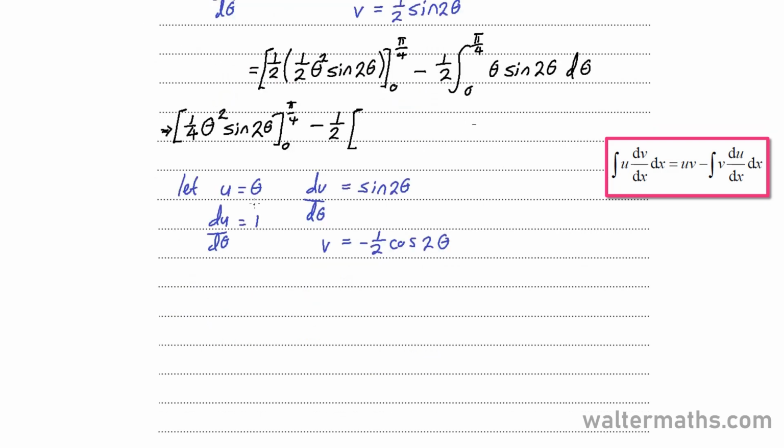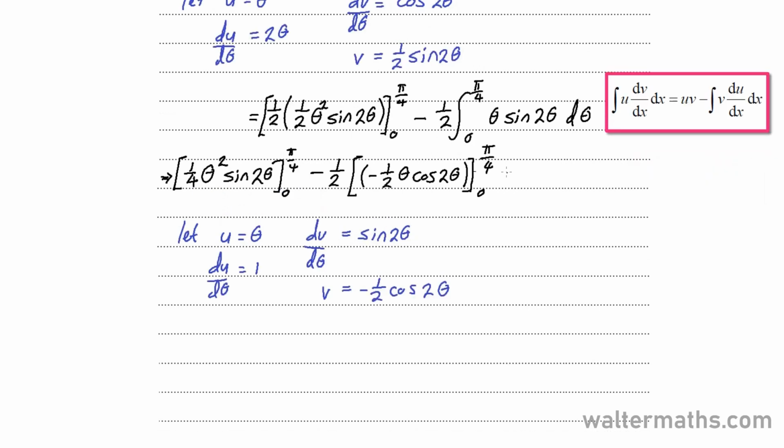That will be uv, which is minus half cos 2 theta, with the limits from 0 to pi over 4. And we'll have minus of minus a half again, so it's plus a half of the integral from 0 to pi over 4 of v by du by d theta, which is minus a half cos 2 theta, with respect to theta.